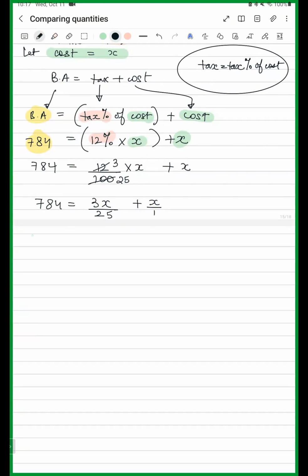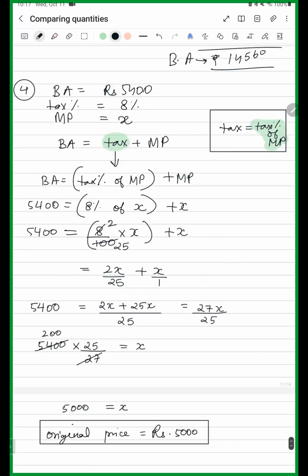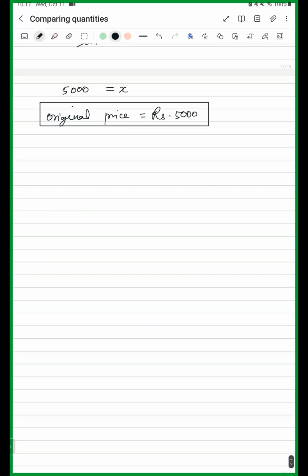Okay, so the first question says, if you look at the question, which is given in a blue background, a shop gives 20% discount.